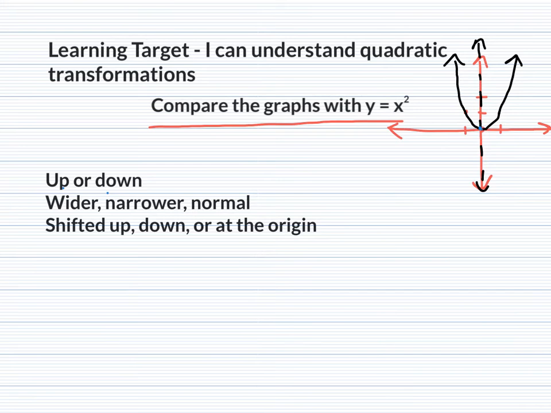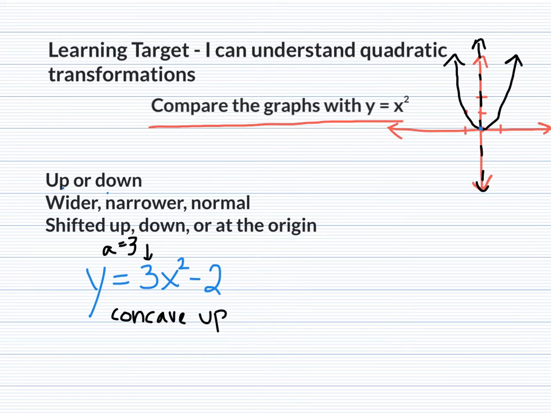But if we take a look at y equals 3x squared minus 2. So we talked in class about, hey, the A value, A is 3. Okay, so it's positive, so it's going to open up, concave up. Okay, wider, narrower, or normal.